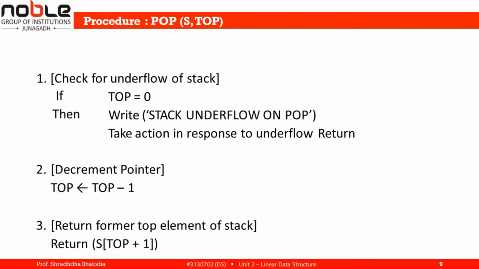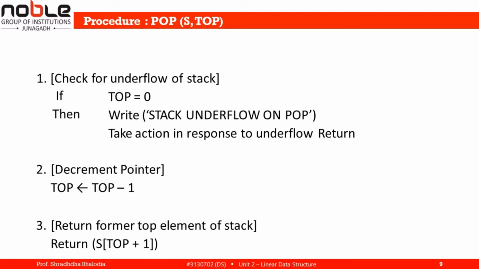When the stack is empty, it is not possible to delete any element and the situation is called stack underflow. Thus, if there is no element on the stack and the pop operation is performed, then this will result in an underflow condition.